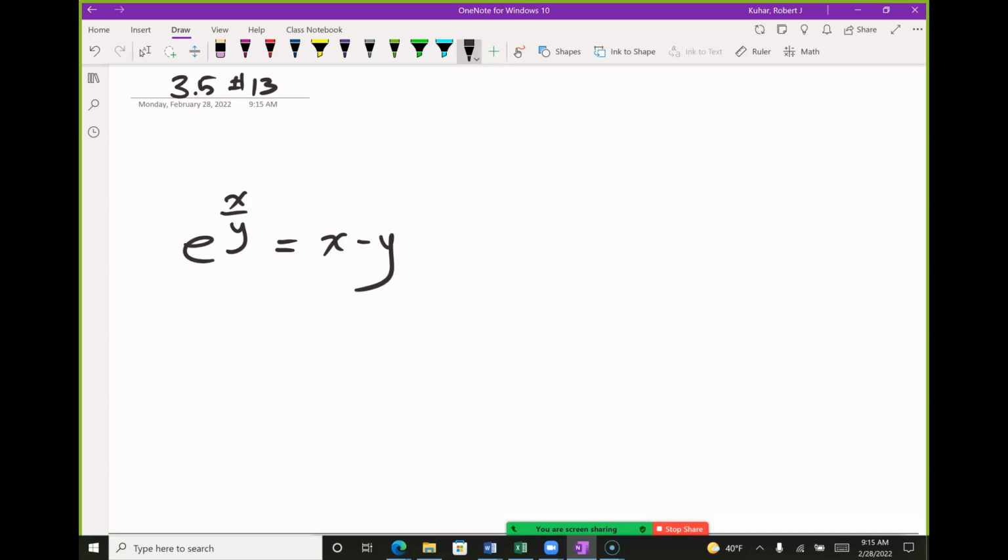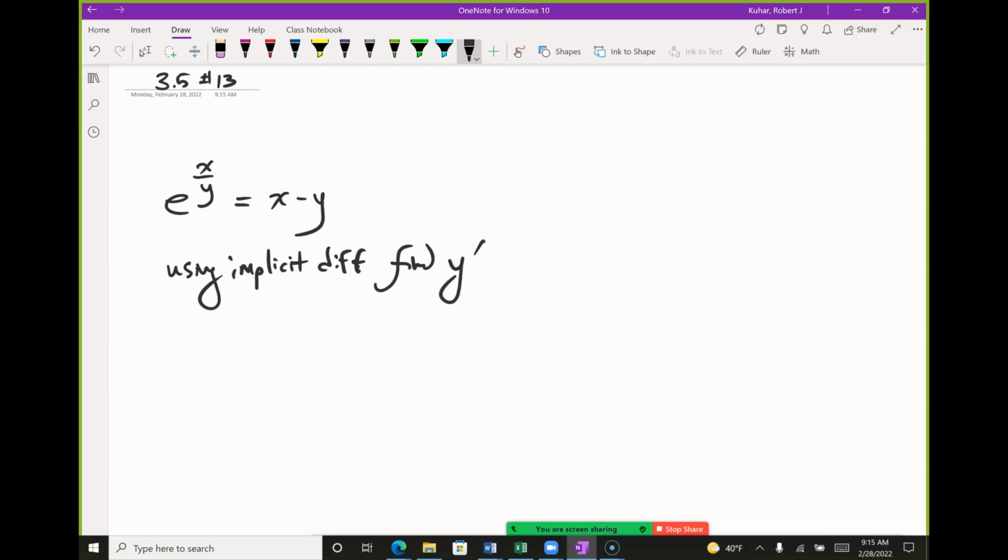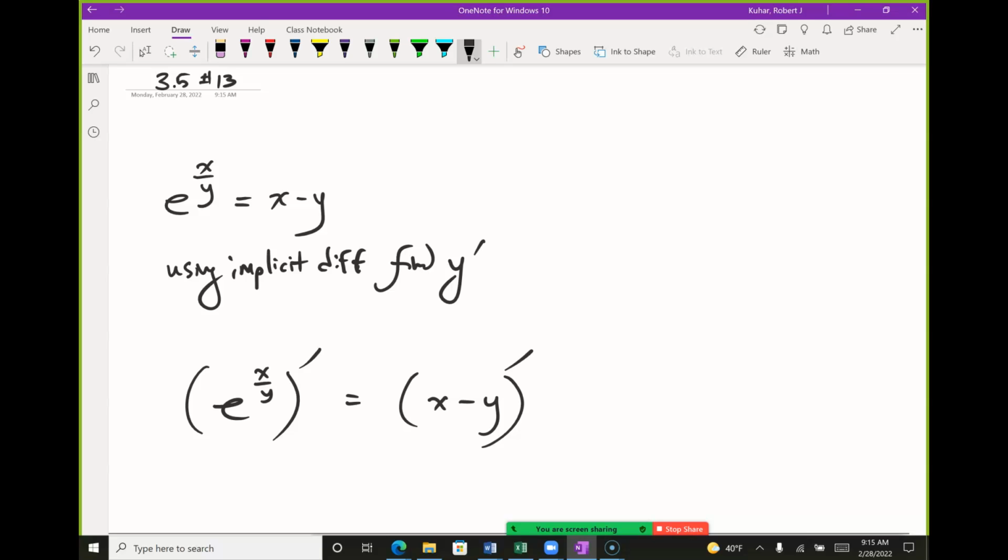So using implicit differentiation, find y prime, right? We're going to take the derivative of both sides: the derivative of e to the x over y should equal the derivative of x minus y, right?